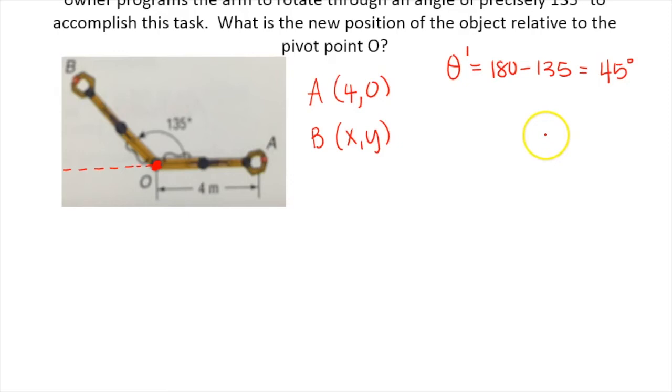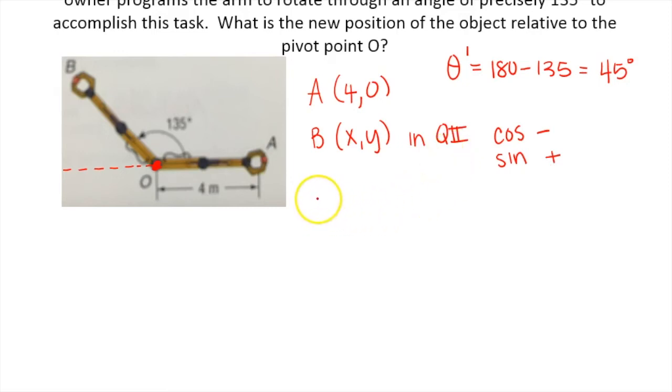Okay. Then we're looking at the location of B. So again, on a graph, it would be in quadrant 2. Thinking about those points, x and y, we know that cosine is negative in quadrant 2, and sine is positive.